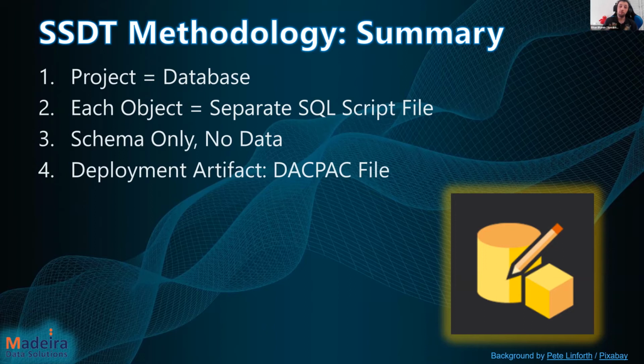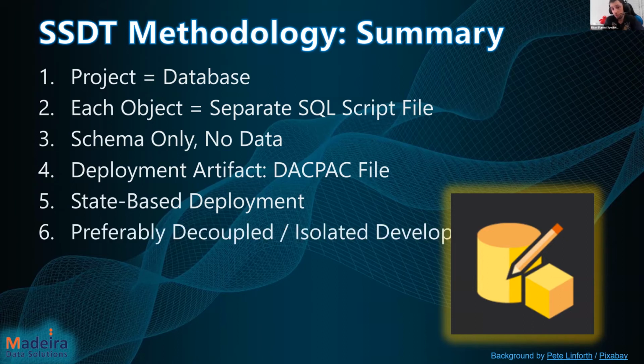The deployment artifact of the project is a DACPAC file. The deployment methodology of this DACPAC file is state-based deployment. And Microsoft intends for you to preferably work in a decoupled or isolated development.